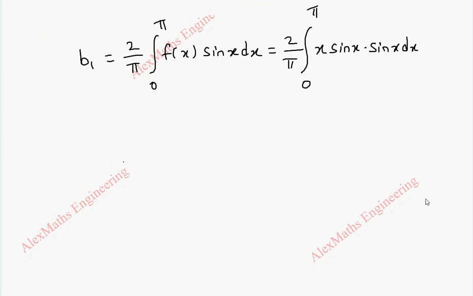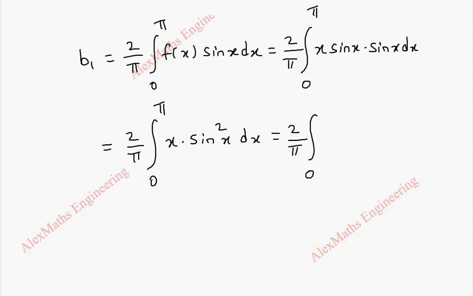So now this is 2 by pi integral 0 to pi x into, actually we will write sine square x dx, then we will replace the formula. So it is 2 by pi integral 0 to pi x into 1 minus cos 2x by 2 dx.